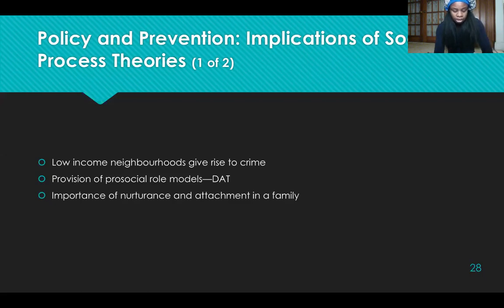Okay. The policy implications derivable from social control and self-control theories have to do with the family. Given the importance of nurturance and attachment, both versions of control theory support the idea that early family interventions are designed to cultivate these things.